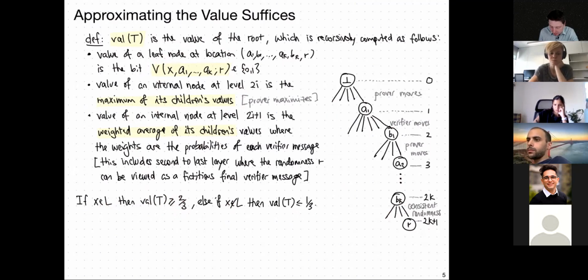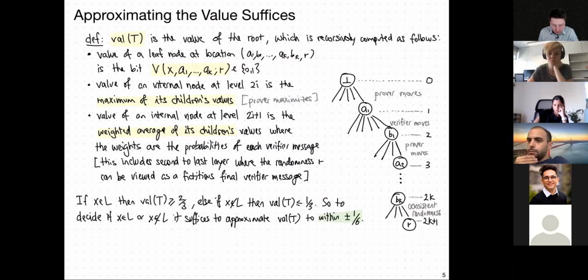Now, because interactive proofs always require some gap, in this case with this particular gap, to decide whether X is in L or X is not in L, it suffices to approximate the value of the tree to within, let's say, an additive factor of plus or minus 1/6, which is half the distance between these two values. In one case, you want to be up here.